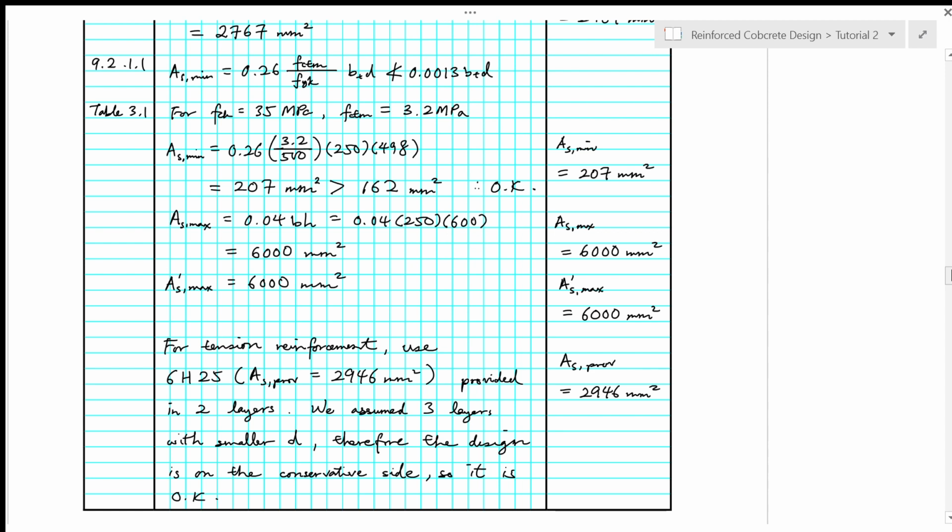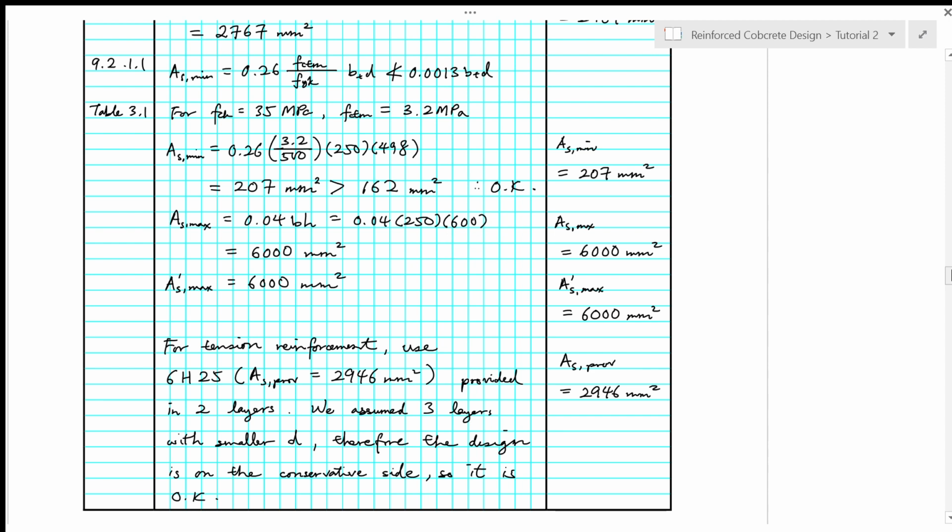For the minimum reinforcement, we refer to Eurocode 2 section 9.2.1.1, where As min is equal to 0.26 fctm over fyk btd, and it should not be less than 0.0013 btd. So from table 3.1 of Eurocode 2, for fck of 35 megapascal, the concrete tensile strength is 3.2 megapascal. So As min is equal to 2007 square mm.